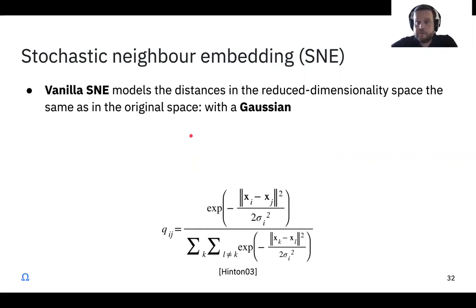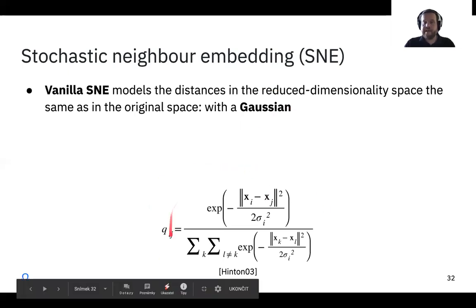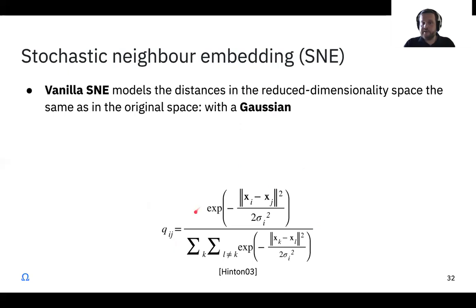Basically, for MDS and Isomap, we have talked about how they constrain the manifold, the reduced dimensionality space. So we're going to do the same for SNE. In the reduced dimensionality space, to preserve the structure, it will also say that the distances are Gaussian, probabilistic, in the same manner as we have computed the p_j given i.